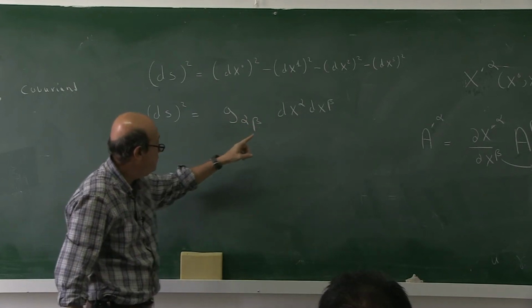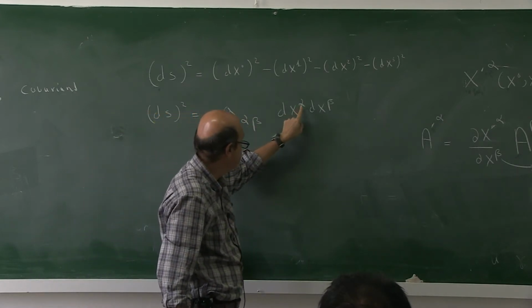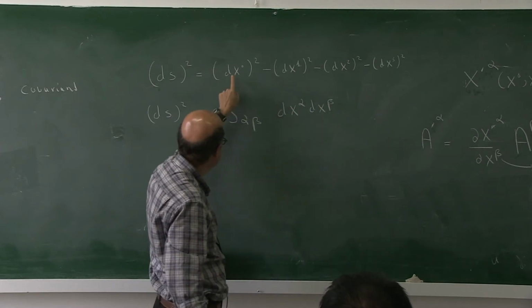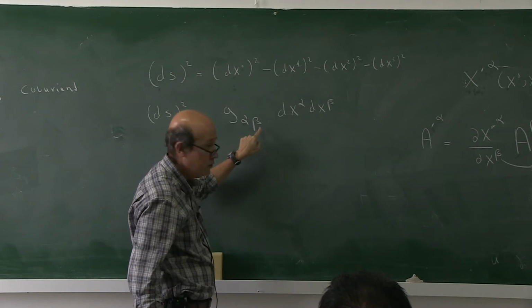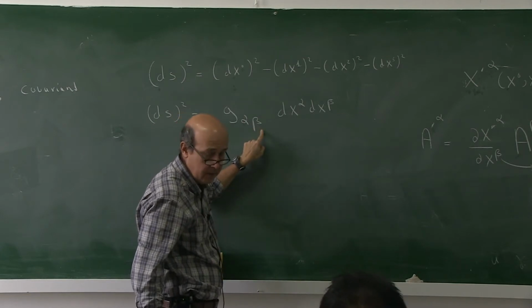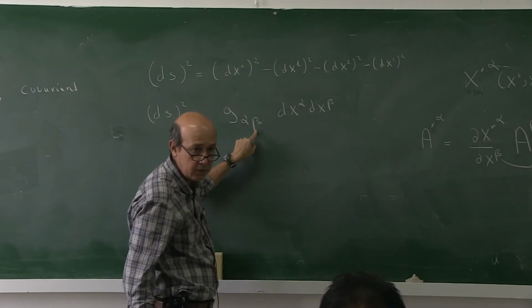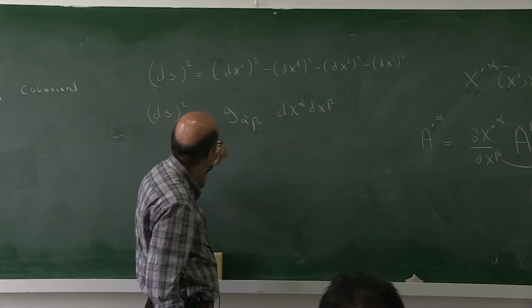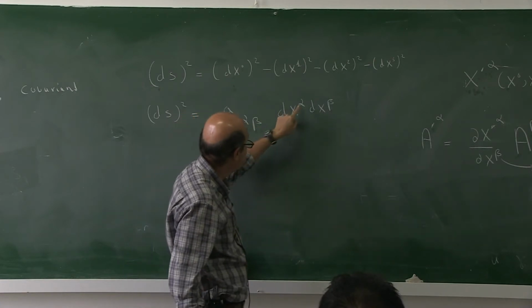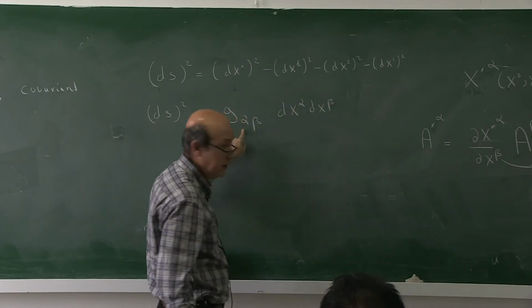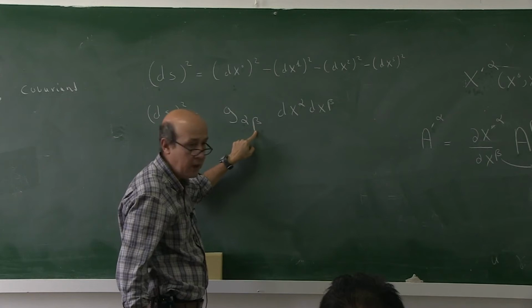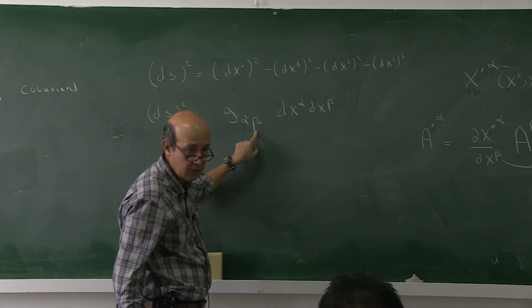If this is 0 and this is 0, that means dx0, then what should g0,0 be? 1. If it is 0, and the other is 1, what should g0,1 be? 0.